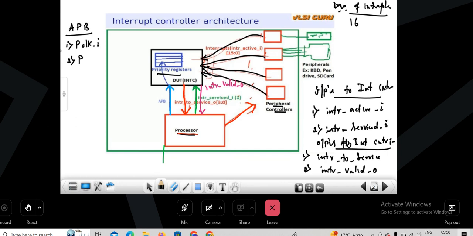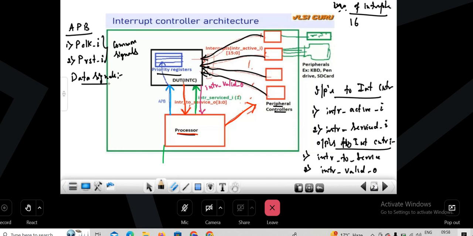Processor reset is input. These I can call common signals.